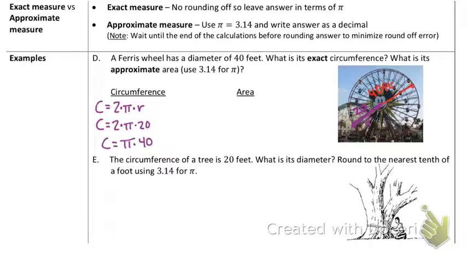In other words, we write our answer as circumference equals 40 pi. This would be our exact answer. We don't have to do anything with the pi. We just have to show that we're multiplying, but we're not actually going to multiply. We leave it in symbol form, or pi form. This is exact.